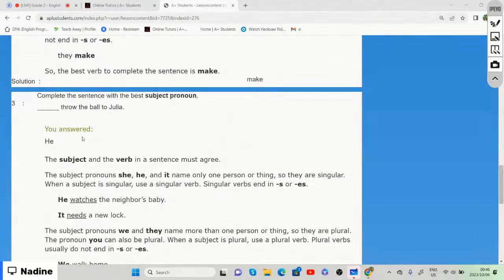So yeah, we need to complete the sentence with the best subject pronoun. Throw the ball to Julia.